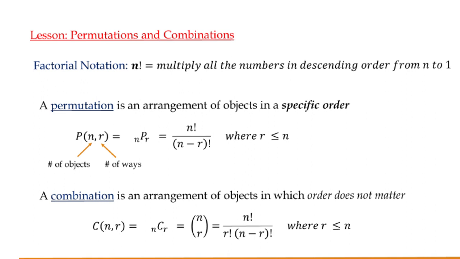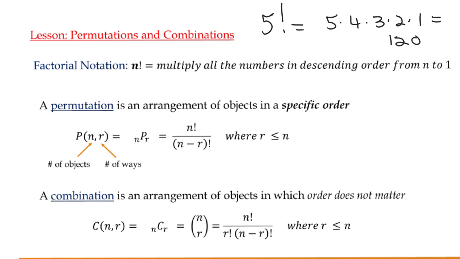That is n factorial, and that means that we're going to multiply all the numbers in descending order from n to 1. So if I was to find the value of 5 factorial, that means that I'm going to be multiplying 5 times 4 times 3 times 2 times 1 and simplifying to equal 120.